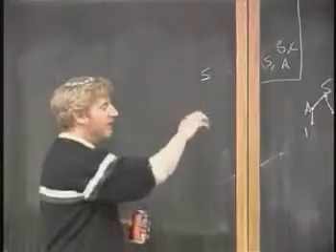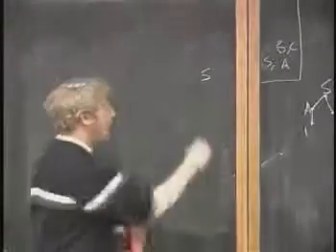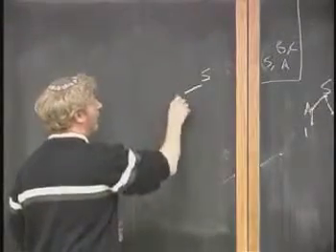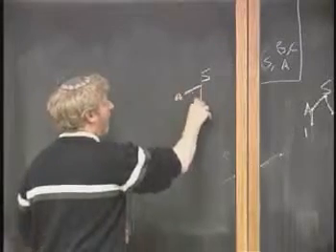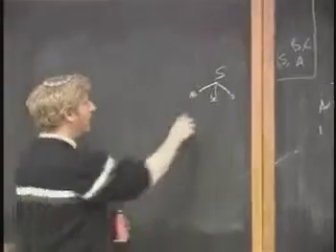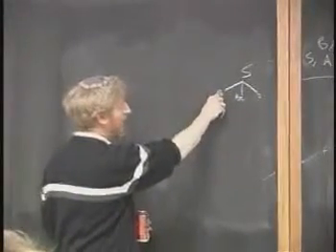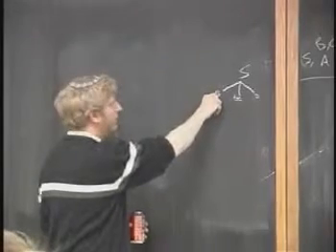I can come up with all the possibilities. I can start with S going to choice number 1, S going to choice number 2. Here, this is not a parse tree. This diagram I'm going to draw now represents all the parse trees. Everybody see that? It represents all the parse trees. From AB, I can go to BC.